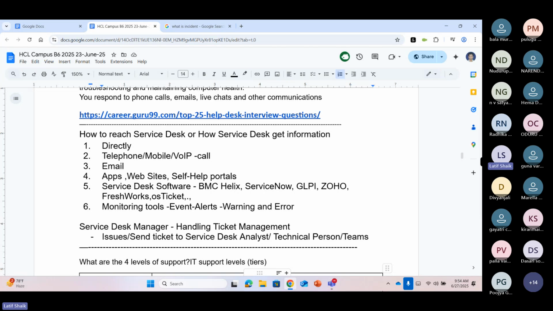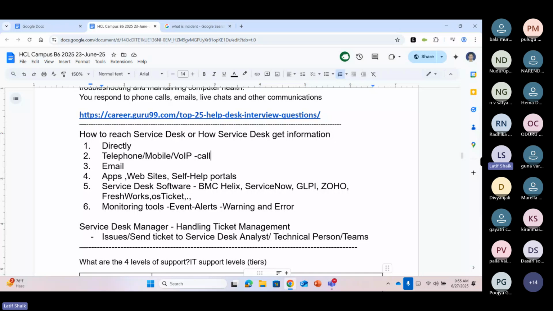These service desks also get tickets from monitoring tools. Different monitoring tools are there. The monitoring tool generates events, alarms, alerts for different types of warnings and errors. These alarms or alerts will be sent to the service desk software.